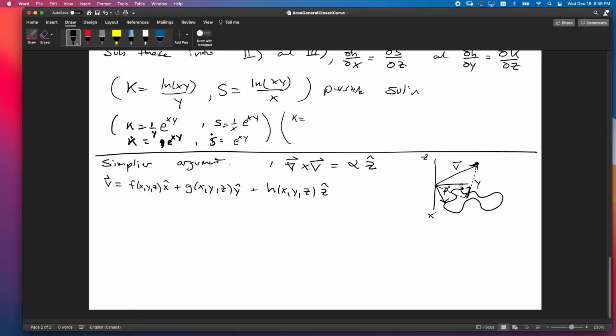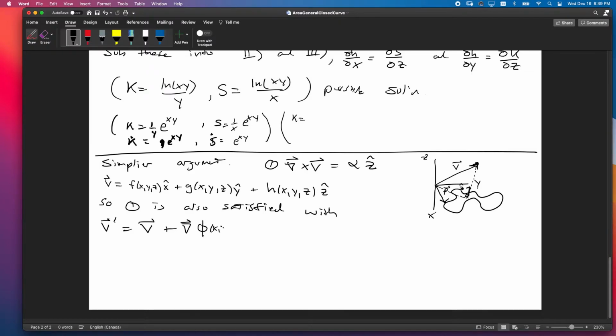Okay, now I'm going to call this equation 1. So 1 is also satisfied with a new vector v prime, which is equal to v plus the gradient of some scalar function phi.